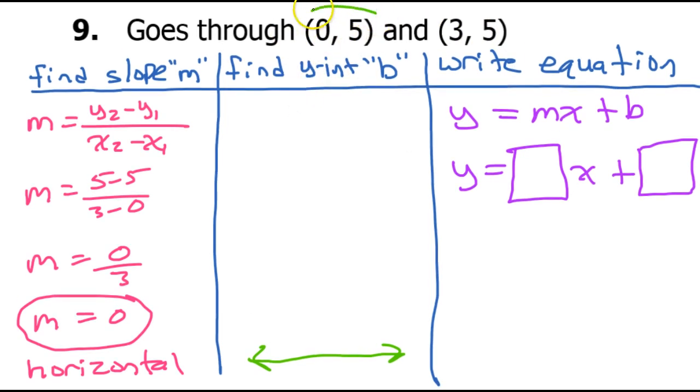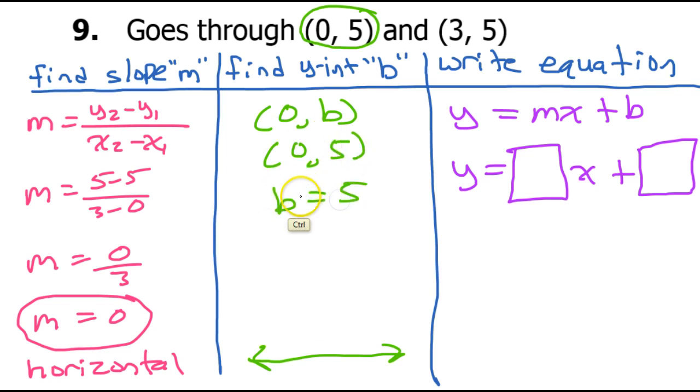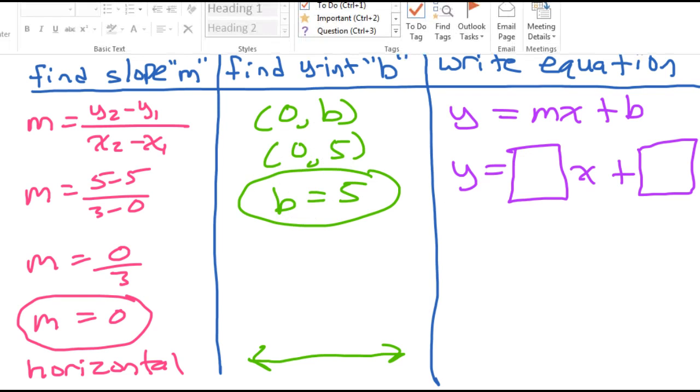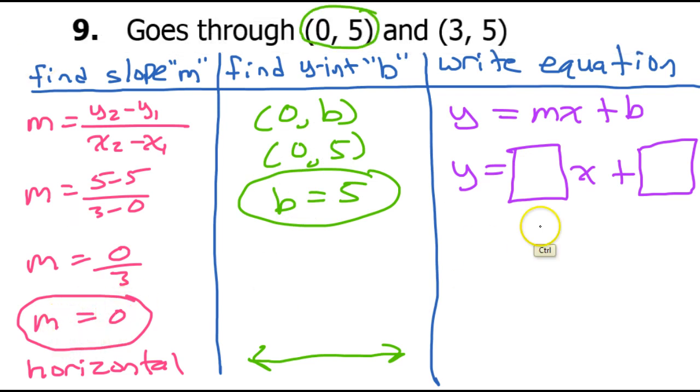Anyway, they gave us the y-intercept right here. Okay, the y-intercept is always 0 comma something. Okay, it's always 0 comma b. So here they gave us 0 comma 5. So that tells me that b is equal to 5. All right, so they just gave me the y-intercept right here. Okay, so look, the slope is 0, so I could put 0 in for the slope.